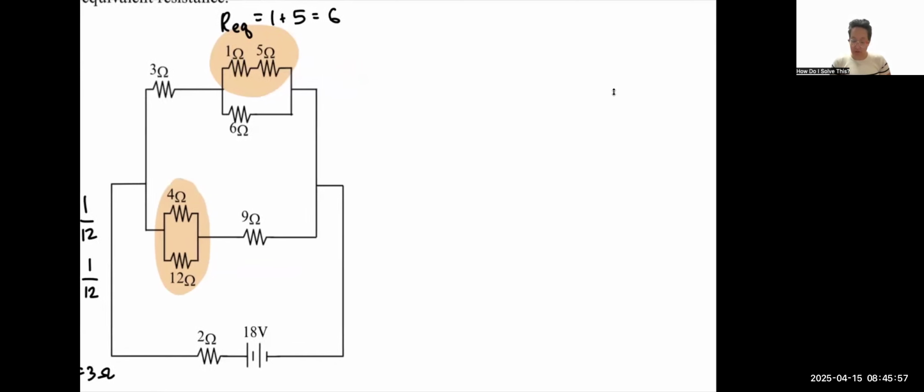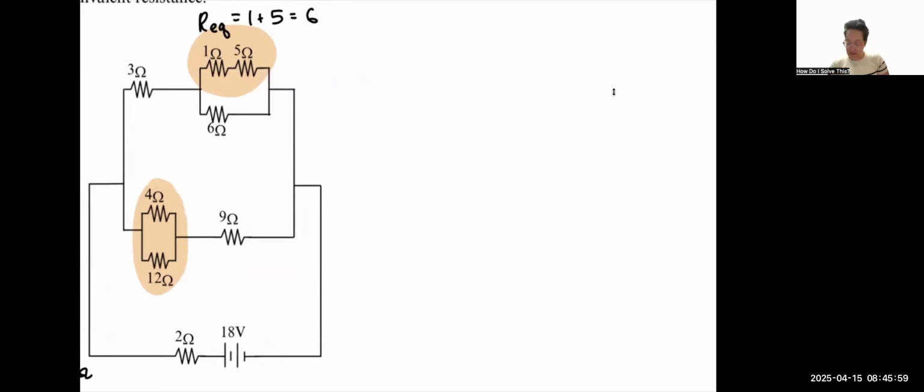So if I'm redrawing my circuit for the first step, I still have my 18-volt battery down here. I still have this 2 ohm resistor.